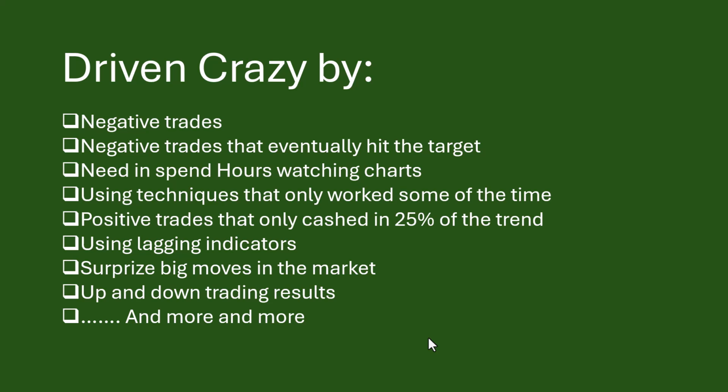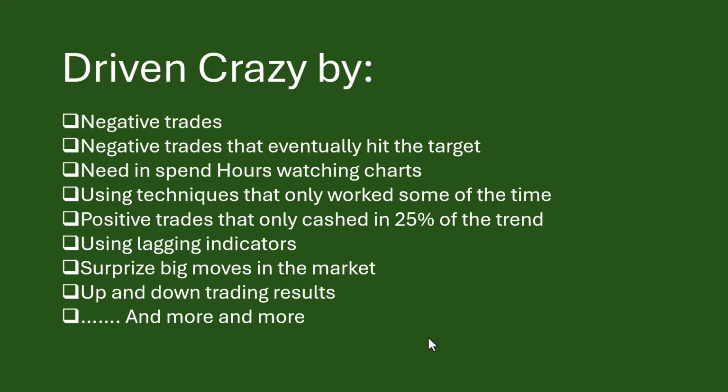Then the need to spend hours watching charts. Oh, there's a setup, here's the perfect entry, enter now, click, and that type of thing. Really frustrating, because the success rate of those kinds of trades is at best 60 to 70%. And then using techniques that only work some of the time.